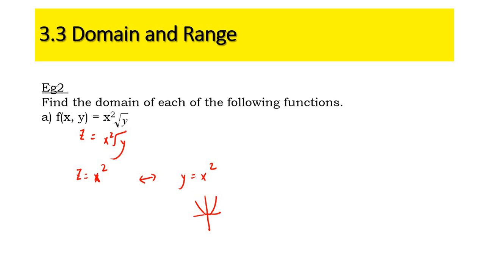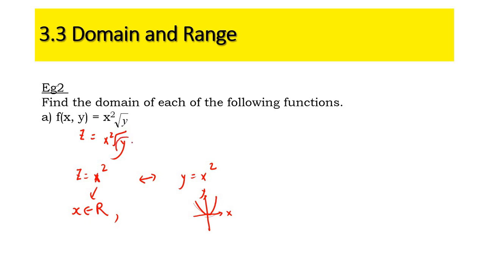Y equal to x squared is a quadratic or parabola graph, where x is here and this is the y. So x takes up all the values; x can be any value. So in this case, x belongs to the real numbers. And then how about the y here? So this is the square root of y.